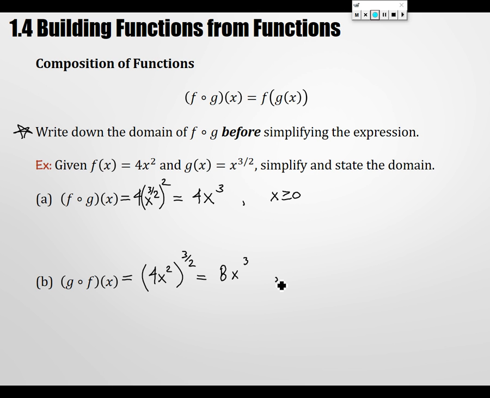No, it's concerned with the range of f, isn't it? Because the range of f is what g will be accepting, right? Stuff that comes out of f of x that g is going to be wondering about. And like you said, f of x kind of provides a filter on the things coming into g. It ensures that anything that comes into g will be positive. Do you agree? You might ask, what happens if you plug in a negative? Well, before we ever take the 3 halves power, that thing's going to become positive, isn't it? So I think this is all reals.